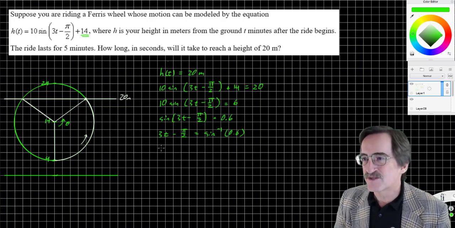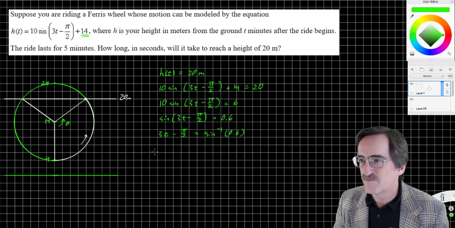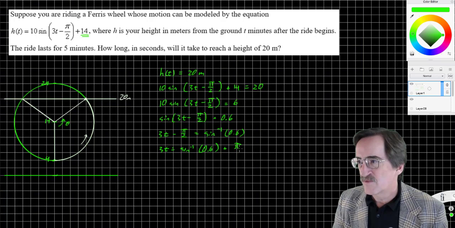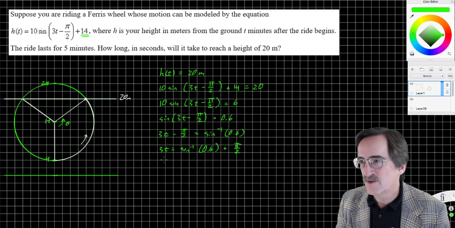All right, so let's go ahead and add pi over 2 to both sides. 3t equals arc sine 0.6 plus pi over 2. The answer lies in the fact that we're looking for the first time it reaches that, not the second. Okay, and divide by 3.